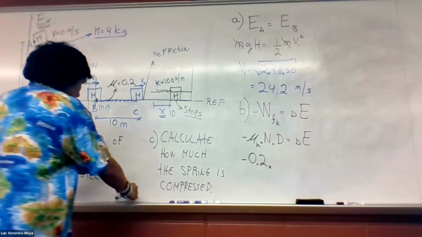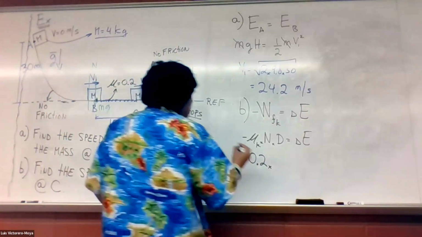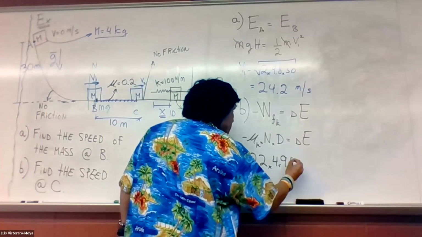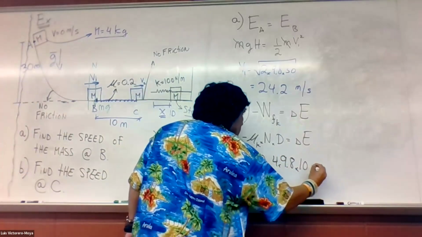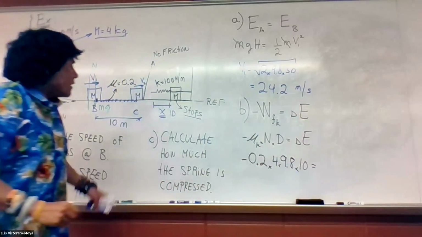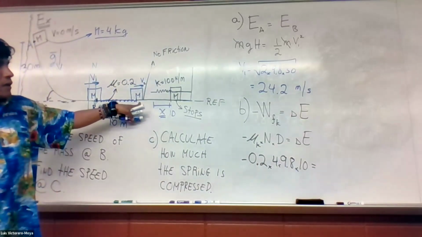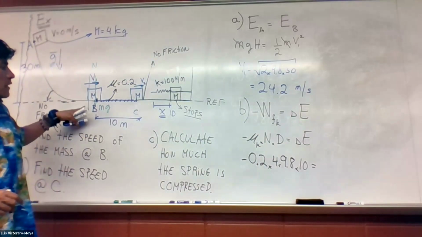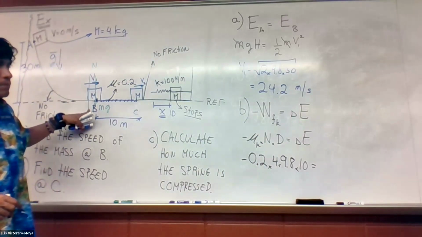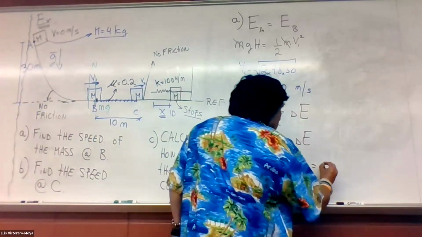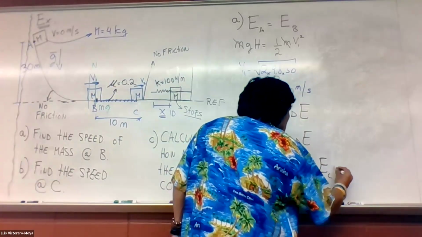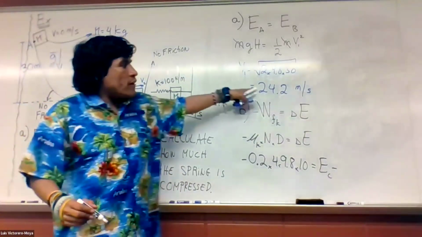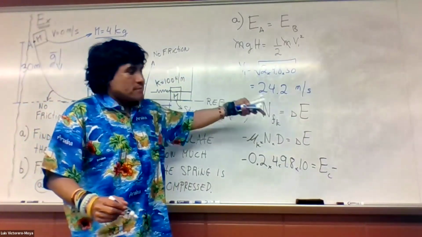Mass is 4. Gravity is 9.8. Distance is D. And what's delta E? Energy on C minus energy on B. Energy on C minus, what's the energy on B? 1/2 mv squared. That's where you find this.